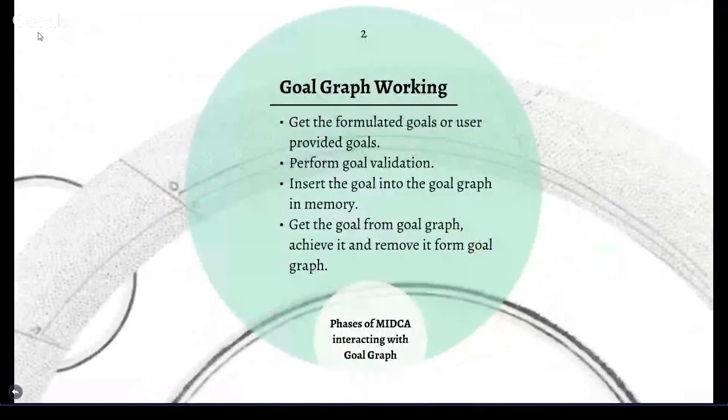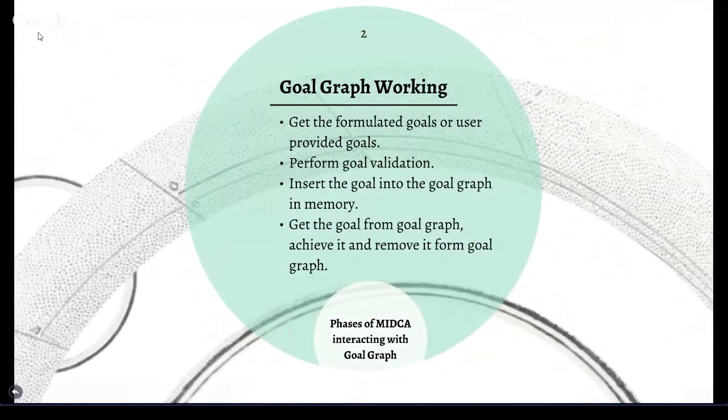So let's take a look at how the goal graph is working. Whenever MIDCA is initialized, an empty goal graph is also initialized with MIDCA and is placed into the memory of MIDCA. Whenever new goals are inputted by the user or by the agent, MIDCA performs goal validation on those goals, to check if the goal is really a valid or correct one.